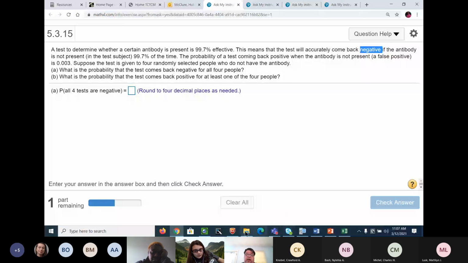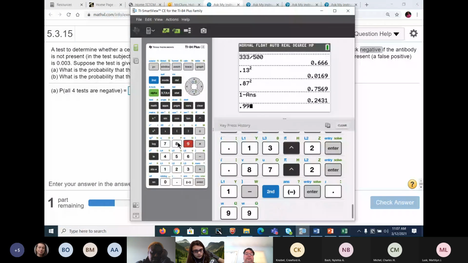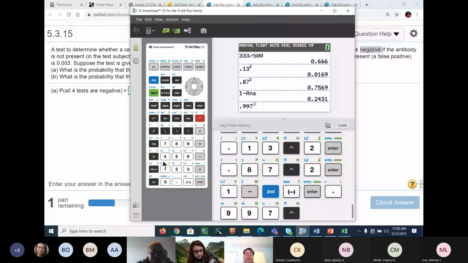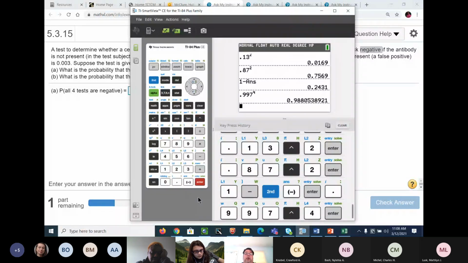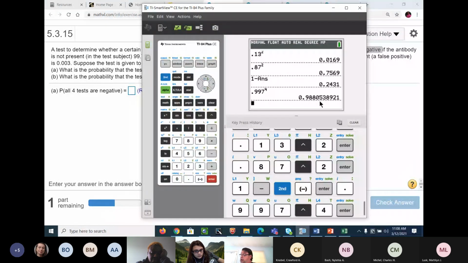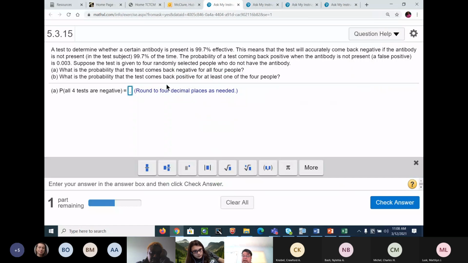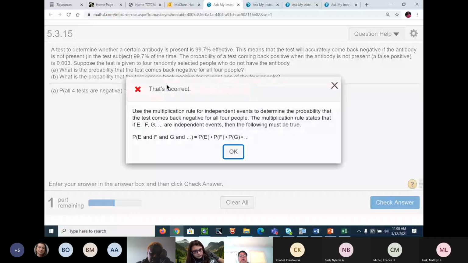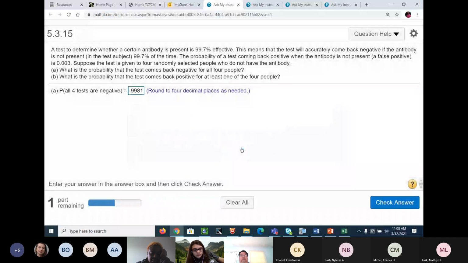And I'm going to take my handy dandy calculator. 0.997 raised to the 4th power. And what does it say to round to? It says round to 4 decimal places. So 0.9881. So I'm going to type that in. And let's see what they get.